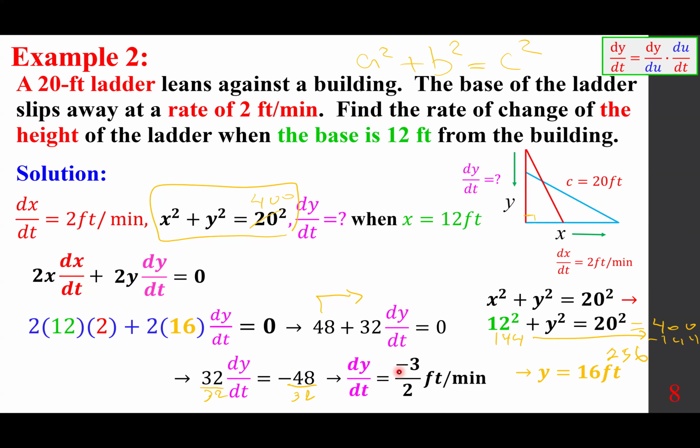Number two, if somebody says, okay, put it in writing, then you would say, at the moment when the base is 12 feet, it slips down at a rate of 3 halves feet per minute, or it's decreasing. So when it's increasing means positive, decreasing means negative.